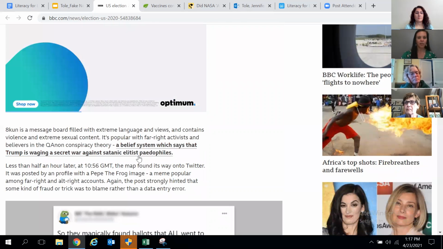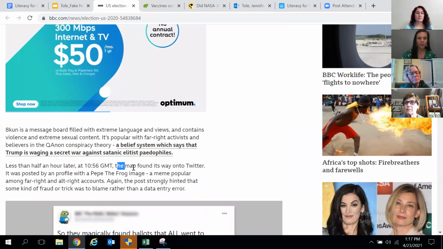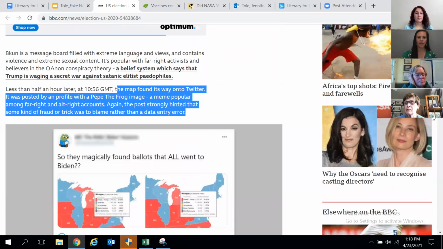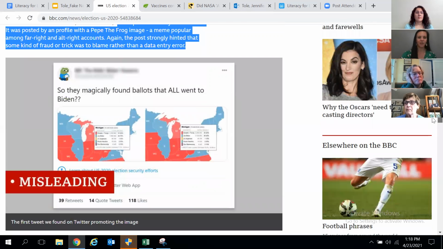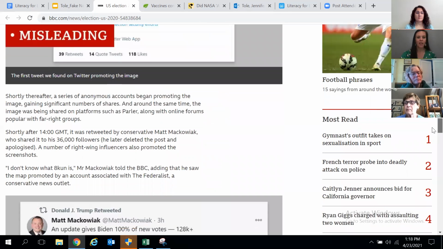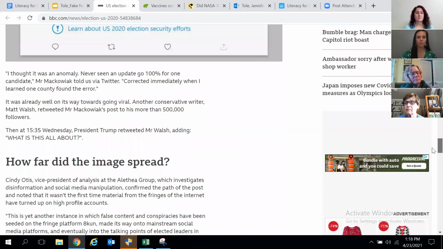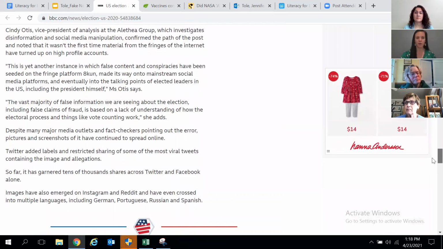Less than a half hour later, it was on Twitter, posted by a far-right, alt-right account with the weird frog. I don't know what that's about. So in a half hour, it's on Twitter, and long story short, it takes a couple hours before it's being tweeted by the president too.